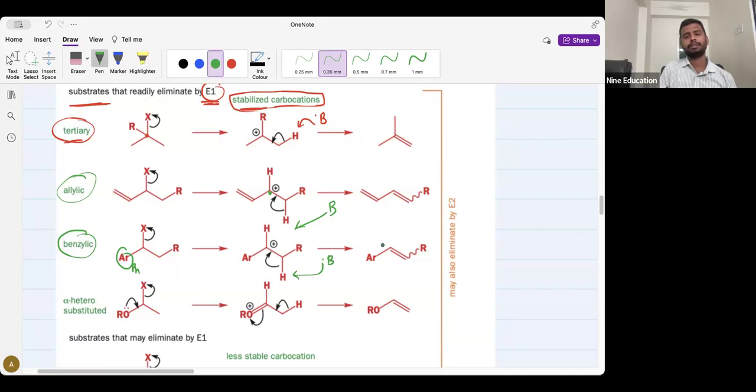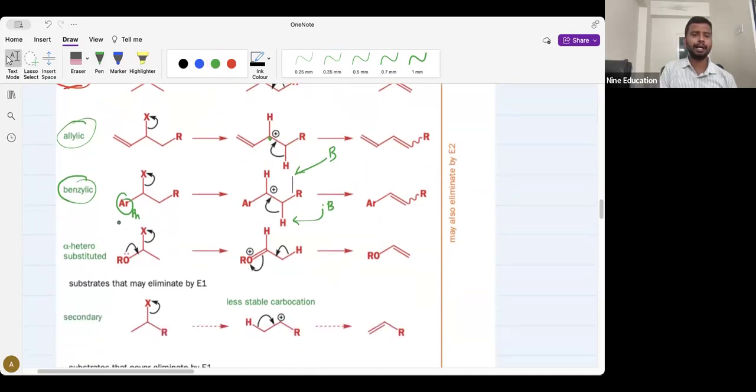See, last one also, let's say I have an alpha hetero substituted atom, meaning on the alpha carbon you have hetero atoms, so this is a plus M effect, plus mesomeric. If some carbocation is made here, then oxygen can donate to the positive charge easily, by resonance, by mesomeric effect, and that carbocation will be more stable.